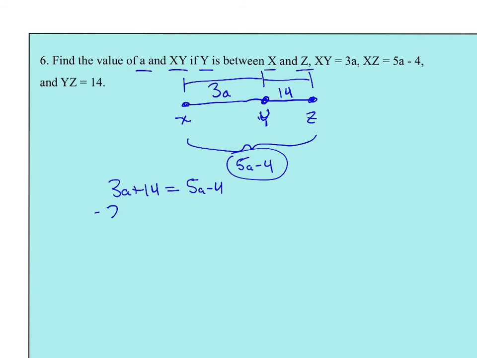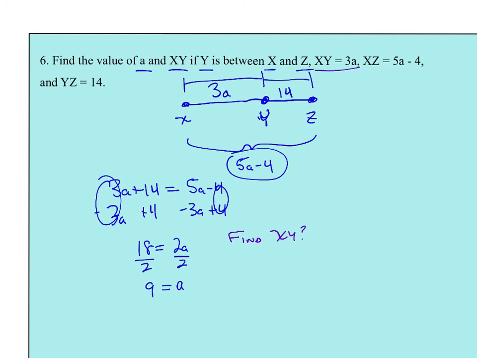So now, a multi-step algebra problem. Well, more than two steps, but I'll combine them. That becomes 18, that becomes 2A, a little division, so A is going to equal 9. Now we're not done, because we need to find XY.